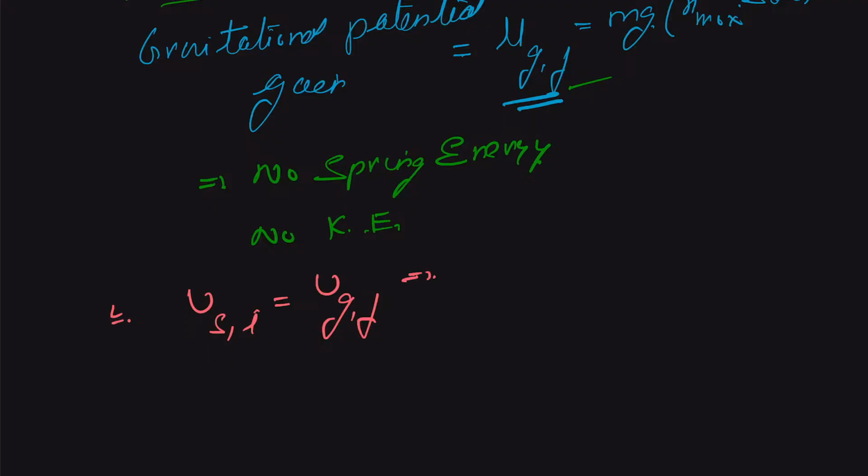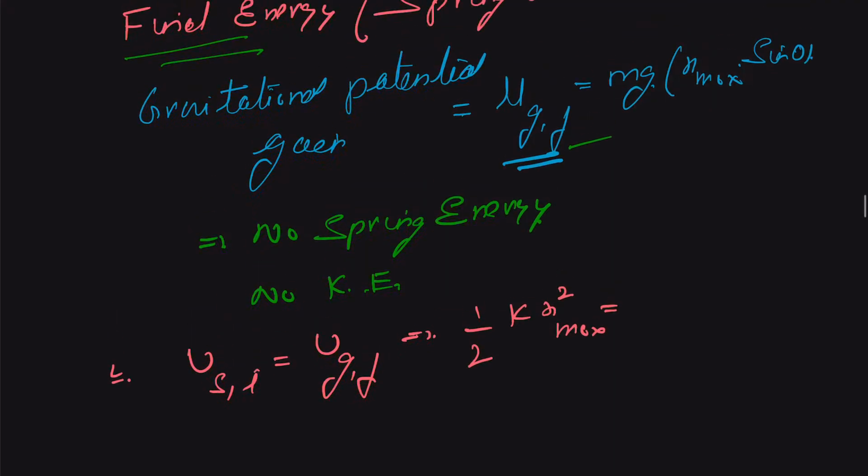So we can substitute: half k x max squared is equal to mg x max sine of theta.